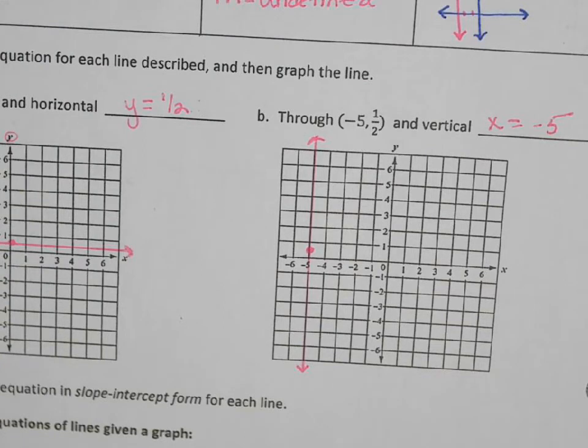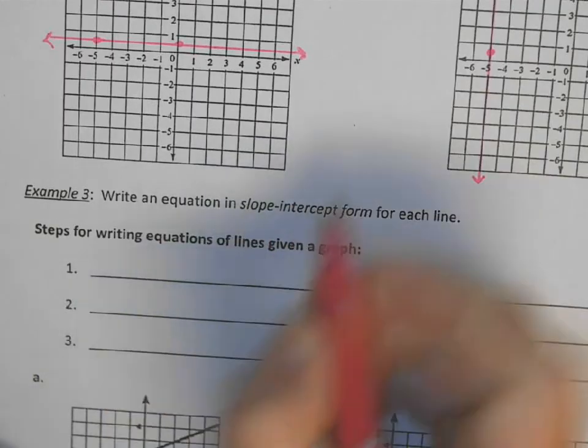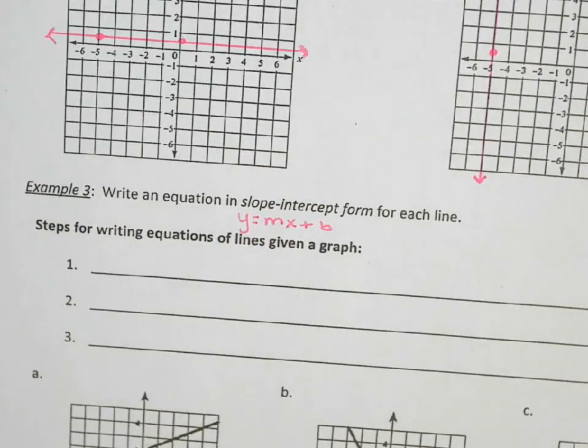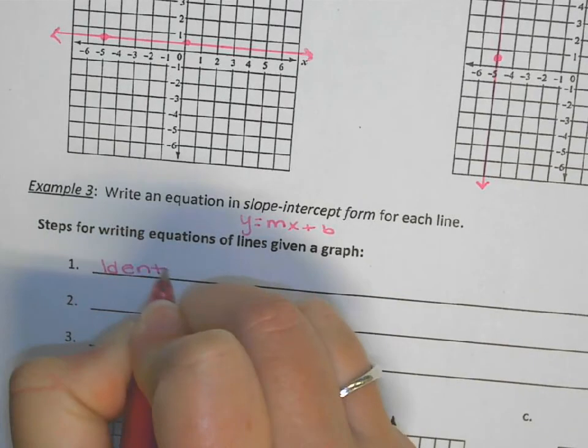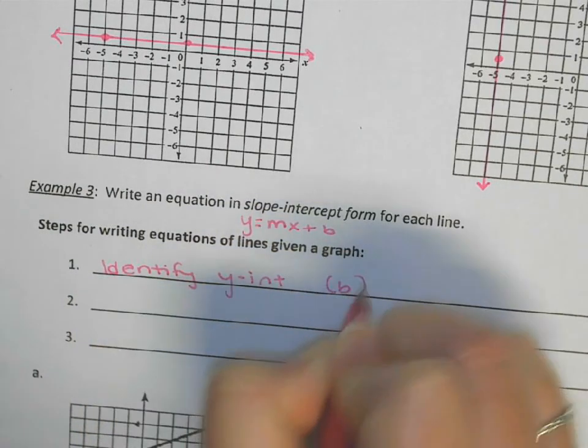All right. So, steps for writing equations of lines given a graph. We have to write an equation in slope-intercept form for a line that's given to us on a graph. Slope-intercept form looks like y equals mx plus b. So step 1 is to identify the y-intercept, which is going to be your b value.